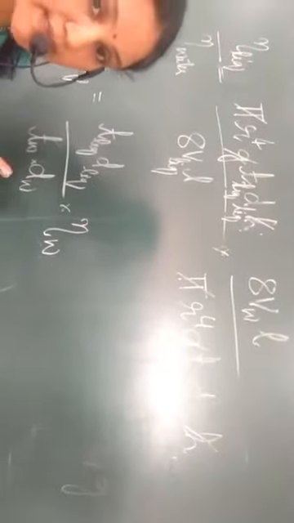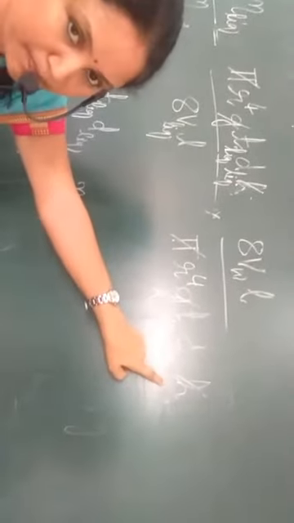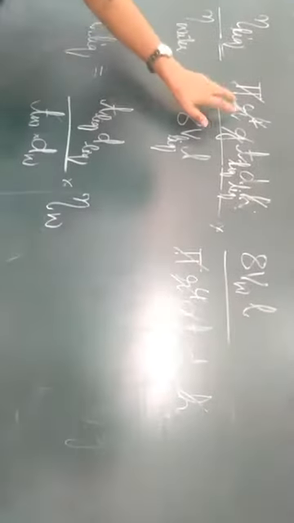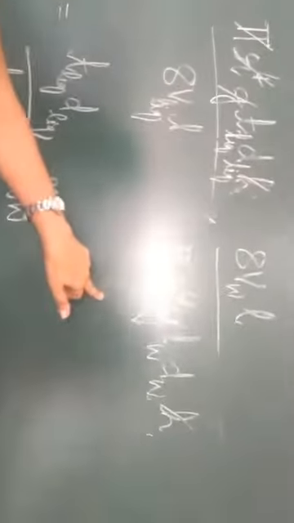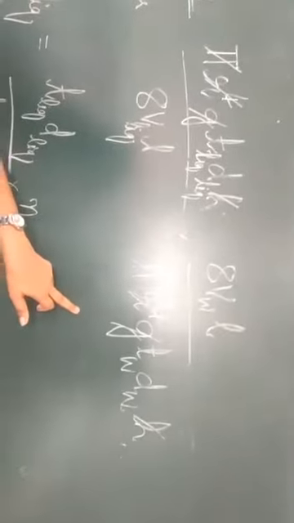If you are using the same viscometer, obviously the height of the capillary will be the same. Obviously the internal radius of the bulb will also be the same, therefore r will also get cancelled. 8 is a constant, it also will get cancelled.